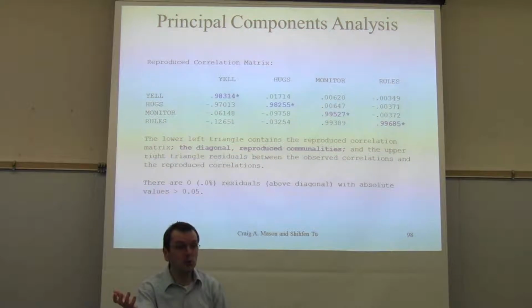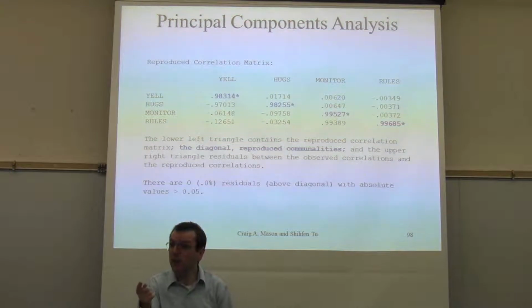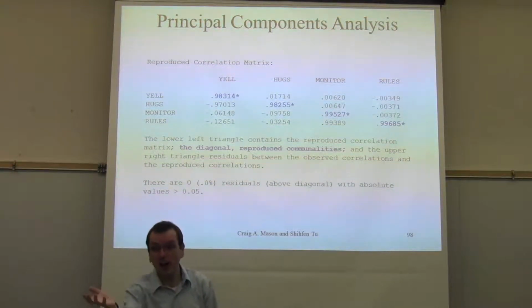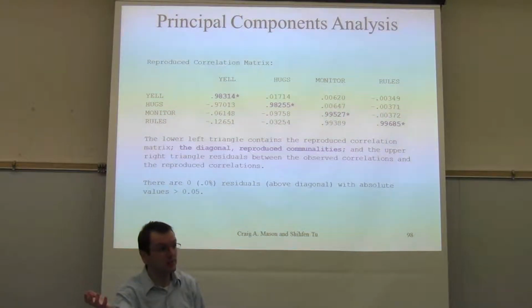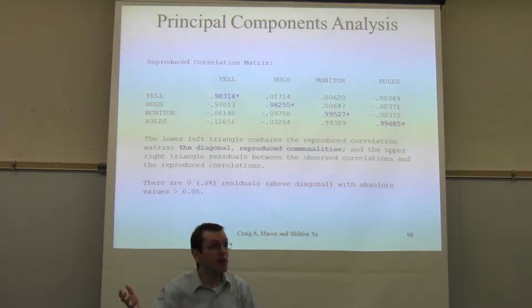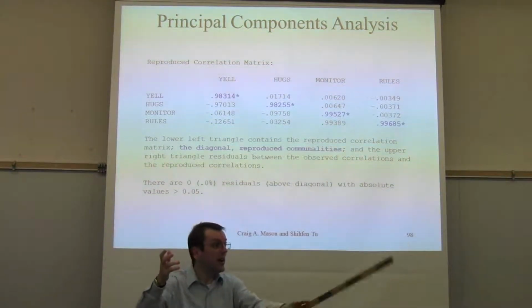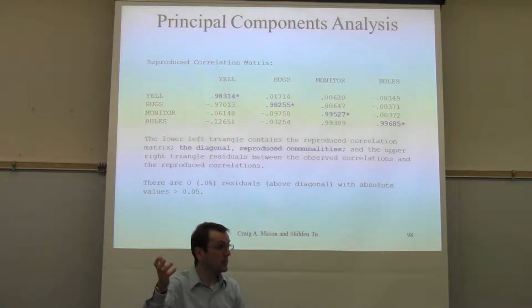One option would be to add another factor. This is where you might add a factor even though the eigenvalue is a little less than 1, because you want to tap that information. You don't want to lose it. So add another factor and see if that new factor captures that information from that variable and maybe a little bit from the other ones.